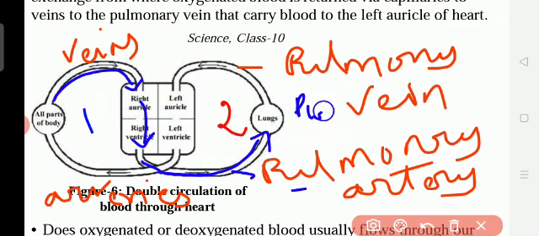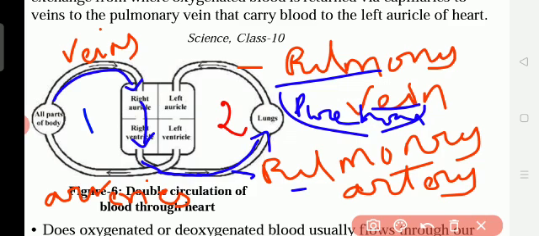So now I explain well. I will explain 1 and this one 2. From all parts of the body, deoxygenated blood, impure blood, goes to the right auricle, from here goes to the right ventricle, and then through the pulmonary artery goes to the lungs.